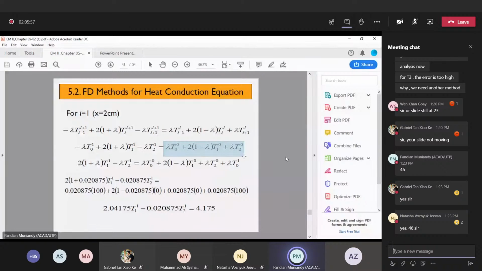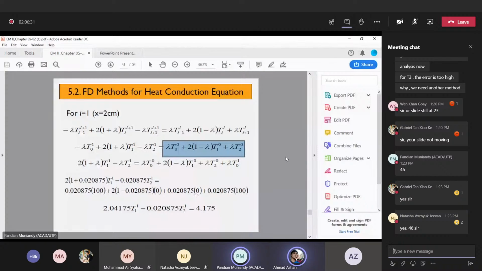including the minus lambda T 1 0. Sorry, minus lambda T naught naught. This is 100. T10 is 100, 2 multiply 1 minus lambda. T10 is 0. And then lambda T naught 2 is 0, and then lambda T naught 1.